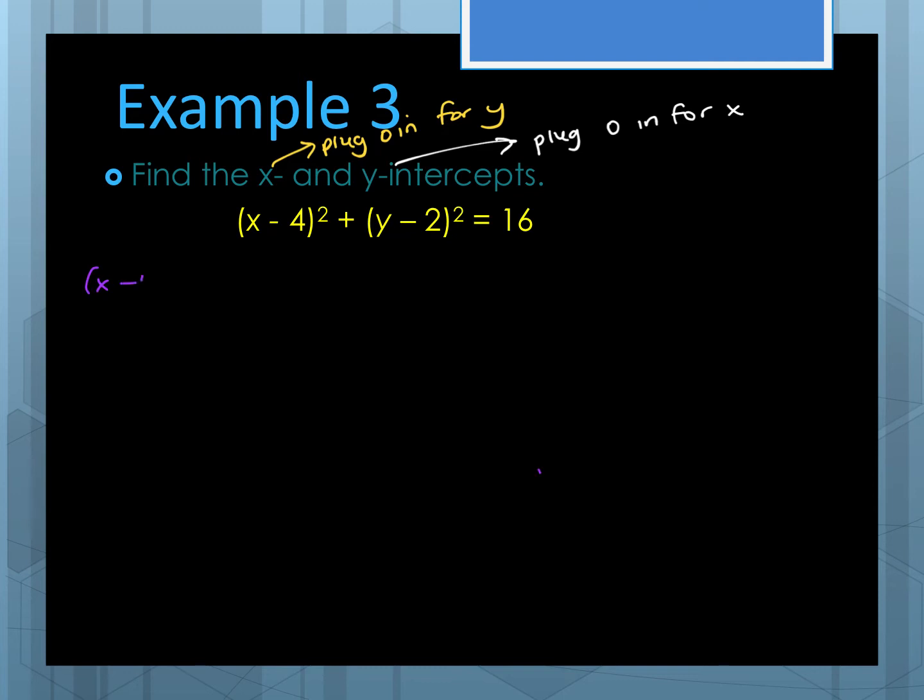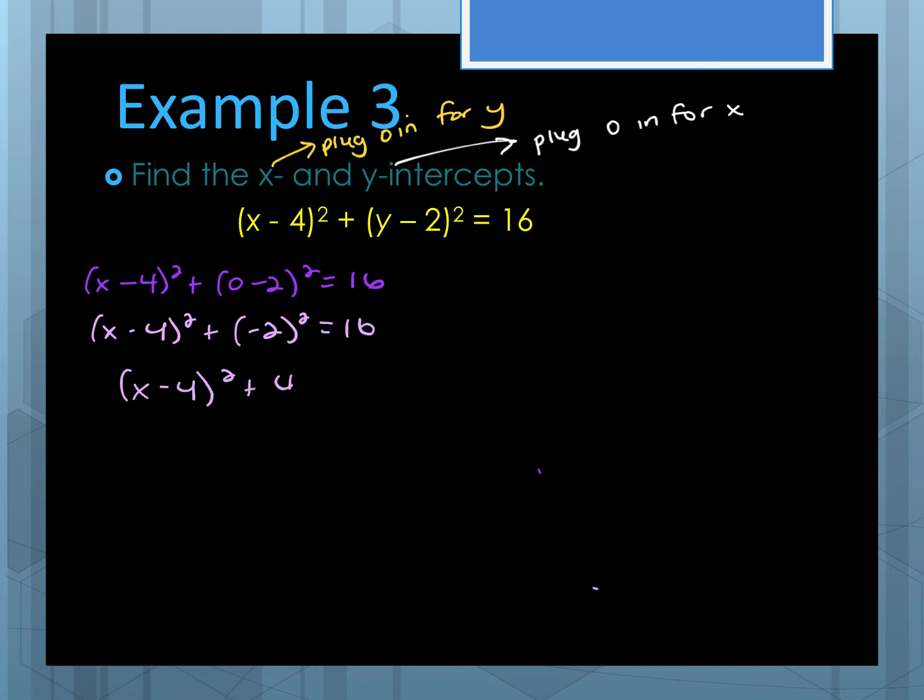X minus 4 squared plus 0 minus 2 squared equals 16. X minus 4 squared plus negative 2 squared equals 16. X minus 4 squared plus 4 equals 16. Subtract the 4. X minus 4 squared equals 12.